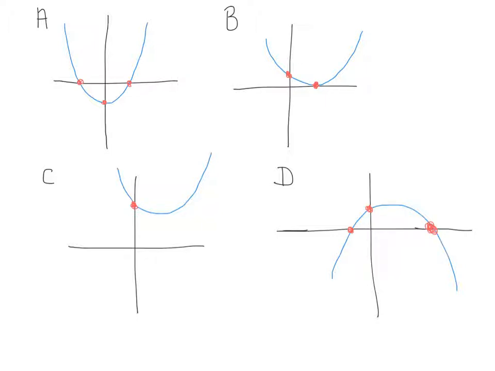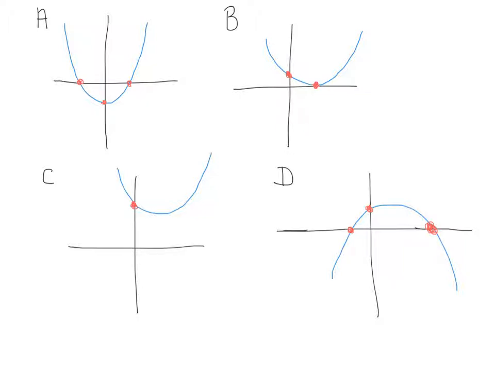So just as a quick reference, I've sketched 4 parabolas here, and it's worth noting what's going on in each of these cases. In A, we have a parabola with an axis of symmetry not necessarily on the y-axis.